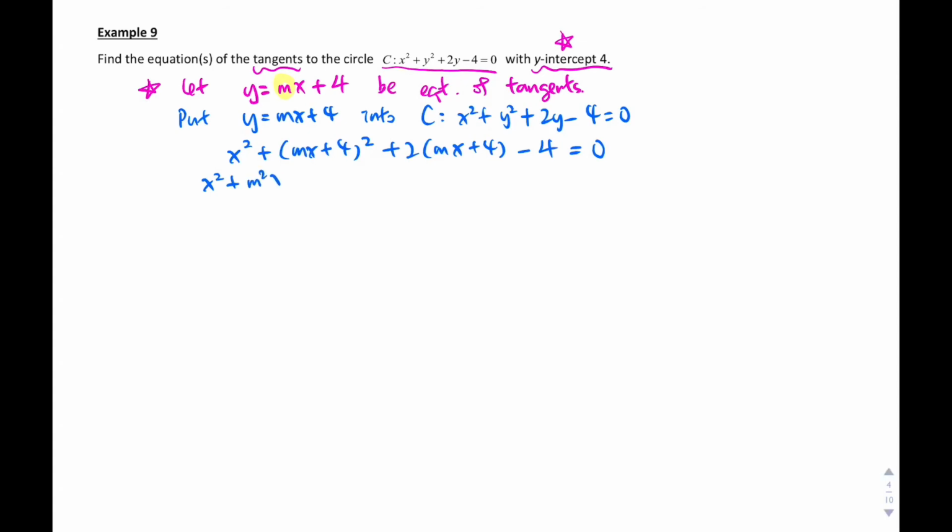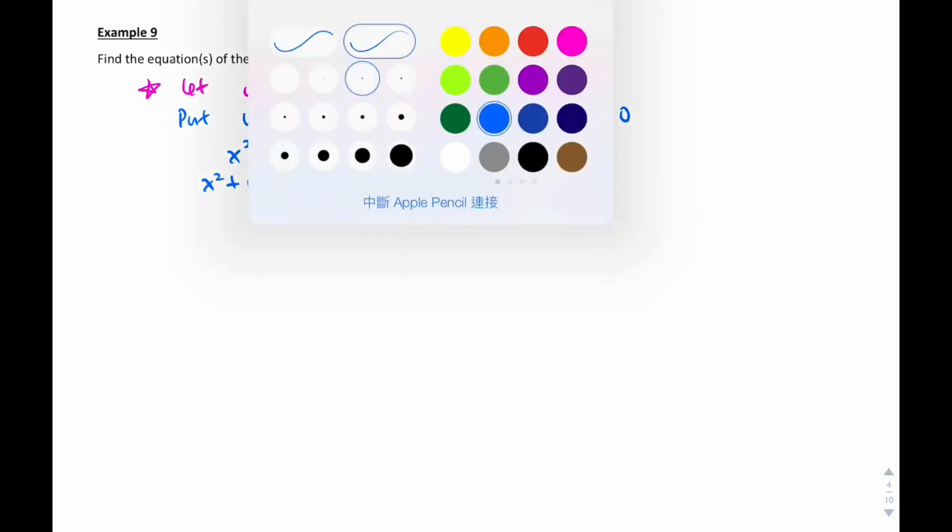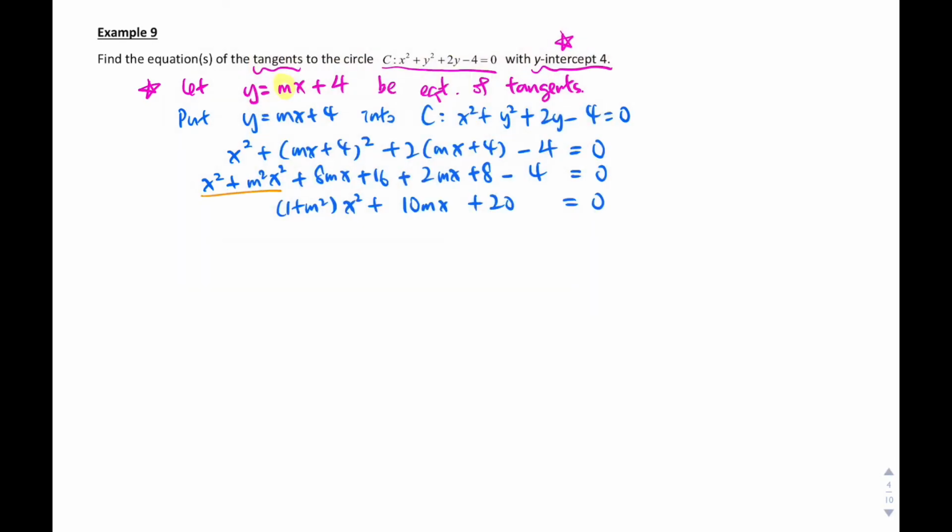Then you try to expand and simplify it. Grouping the like terms, you will have (1 plus m squared) x squared plus 10mx plus 20 equals 0.